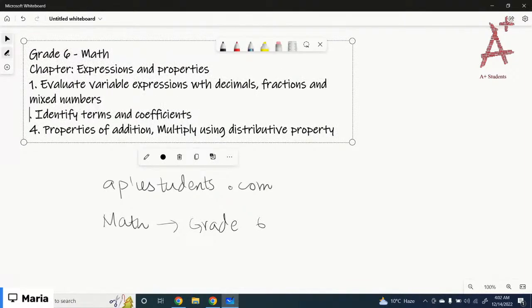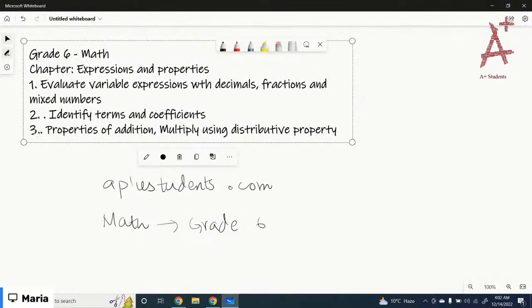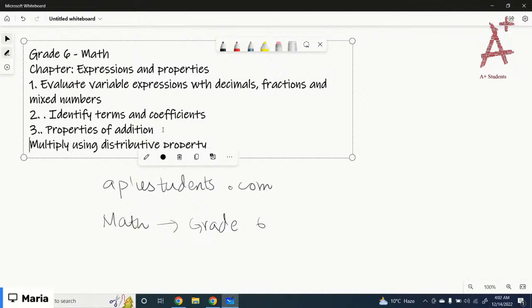Then the second one is identify terms and coefficients. Then we'll do properties of addition. And the last one is multiply with distributive property. These are the lessons we are going to cover today.